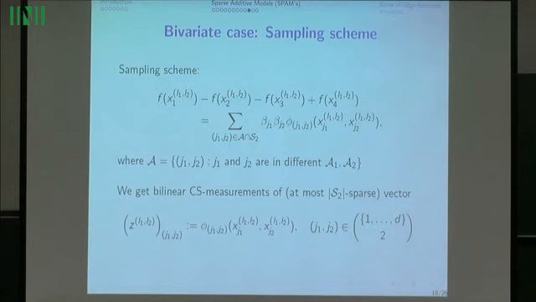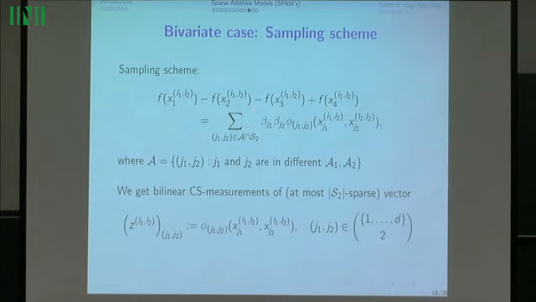This seems to be good, but it's actually not that superb. Why? We don't have independent plus minus 1 entries here, because we don't have B, J1, J2, which would be an independent matrix of plus minus 1s. We have a product of independent here and independent here, but of course they are the same on both places here. So it's essentially a random plus minus 1 rank 1 matrix here.